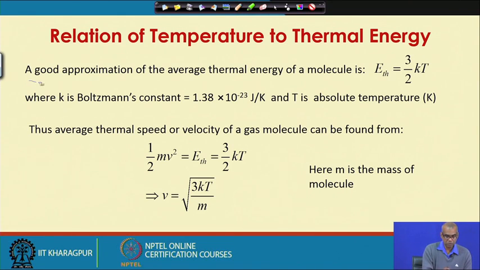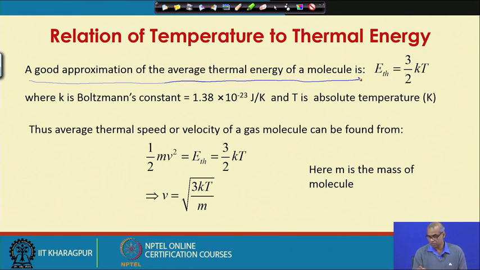So, E_th, the average thermal energy of a molecule, is 3/2 k T, where k is the Boltzmann constant in joule per Kelvin. Its value is 1.38 into 10 to the power minus 23 joule per Kelvin, and T is the temperature in the absolute scale, Kelvin.